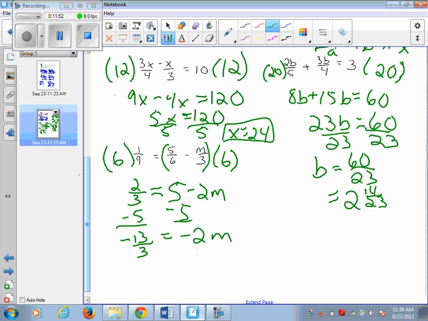To get m all by itself, I'm dividing both sides by negative 2, which gives me m on this side. My negatives are going to cancel out, and I'm going to have 13/3 times 2, which is 6. So my final answer there is 13/6 equals m.